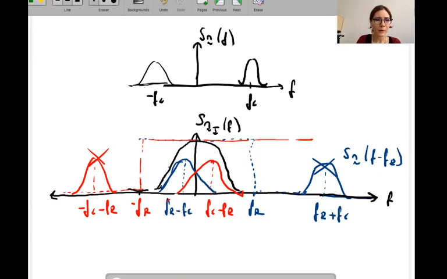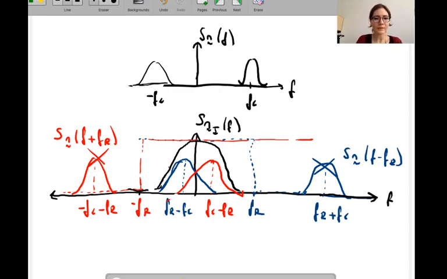The red one comes from S_N of f plus Fr, but the red curve here would get multiplied by minus 1, so it would shift the sign. Then you sum up this blue curve and minus the red curve. So this is what you get as the cross spectrum.